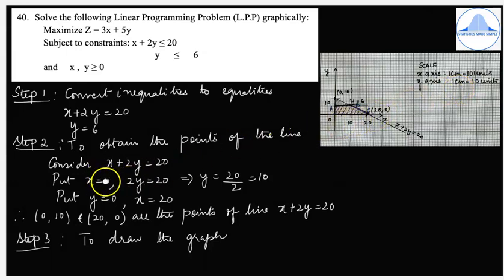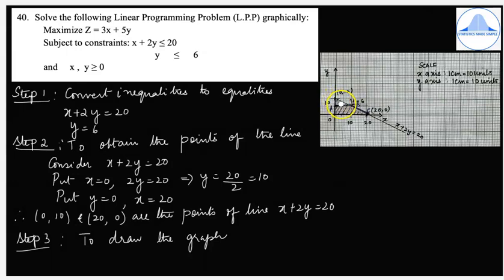Now let us draw the first line, that is x plus 2y equal to 20. For drawing a line, you need a minimum of 2 points. The first point which we have is 0 and 10, that is x is 0 and y is 10. The other point is 20, 0.